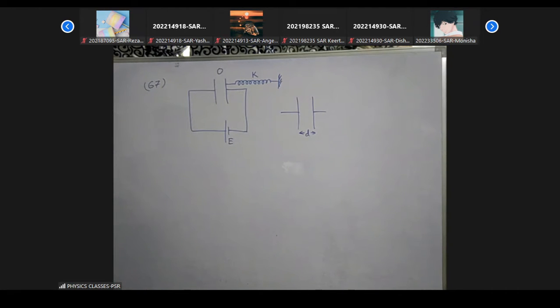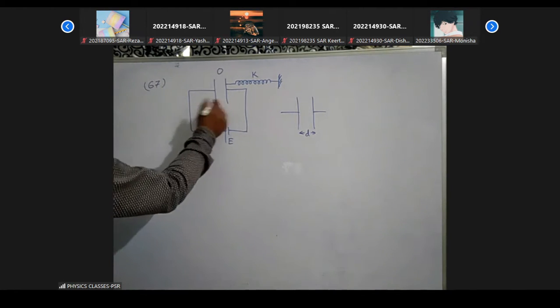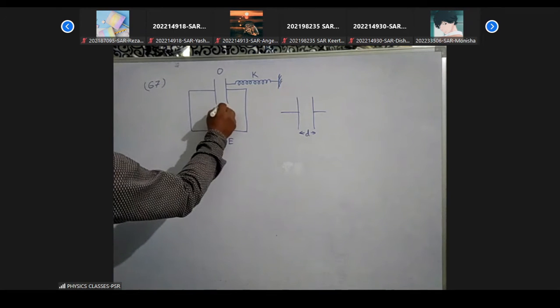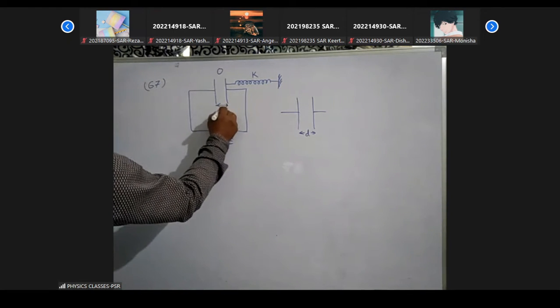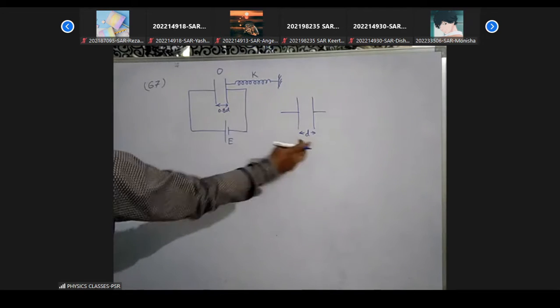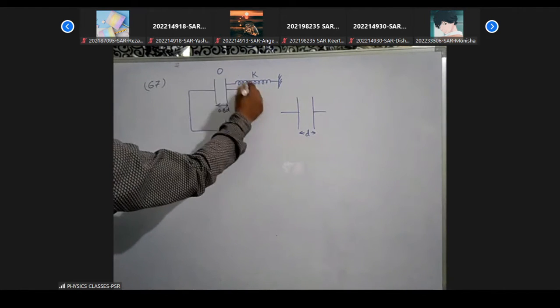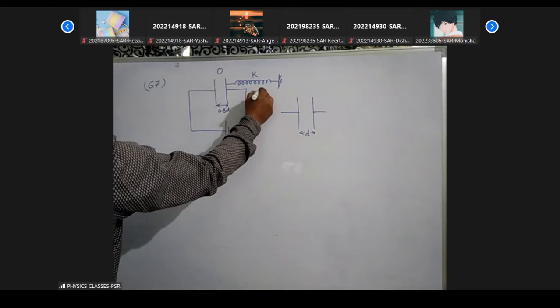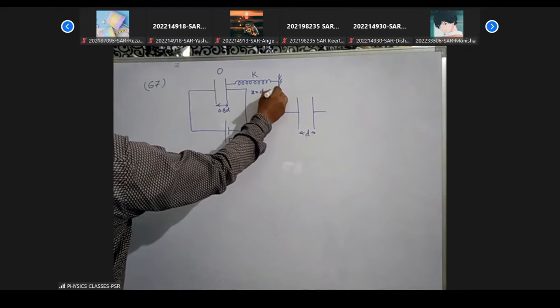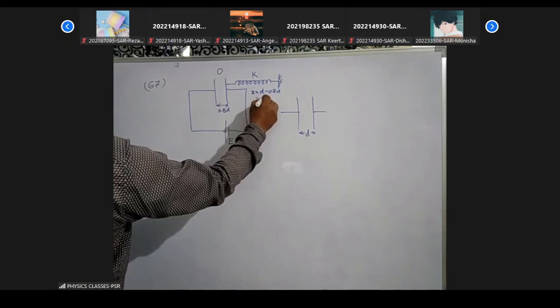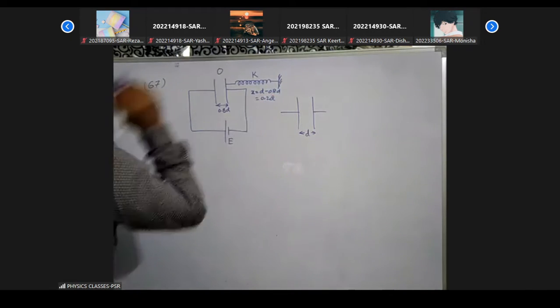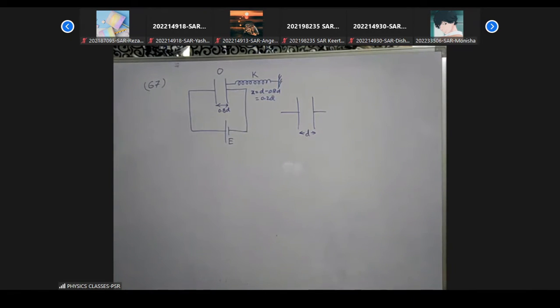The steady state separation between the plates is 0.8 d. So this distance is now 0.8 d. That means the spring elongates by x equal to d minus 0.8 d, which is equal to 0.2 d. That is the concept.